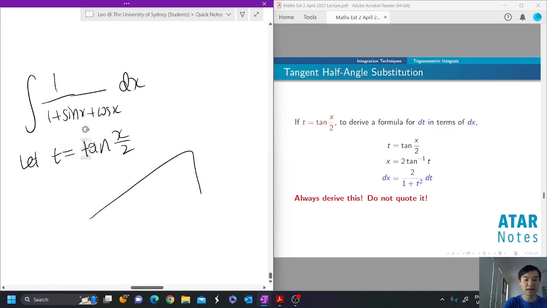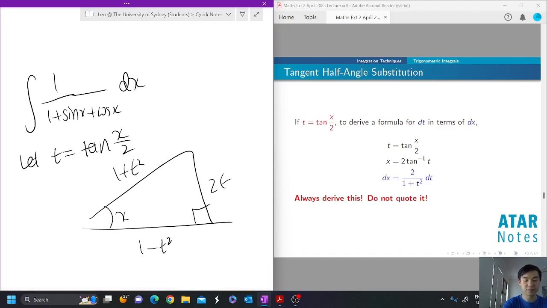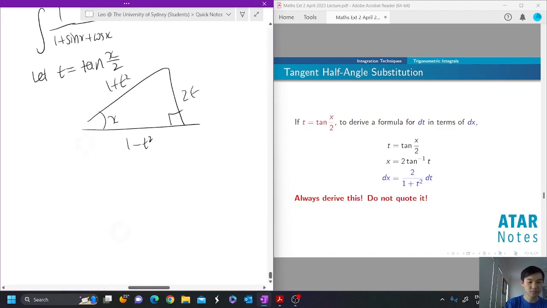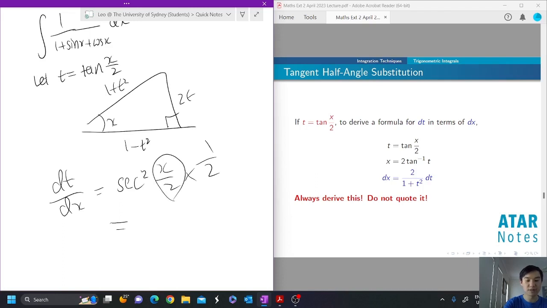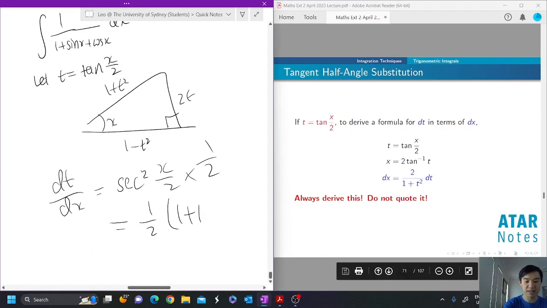And remember that it comes from this triangle that we could draw. So when we differentiate t with respect to x, we get sec squared x over 2 times half, because of the chain rule. So that's going to be half. Remember that sec squared is 1 plus tan squared.